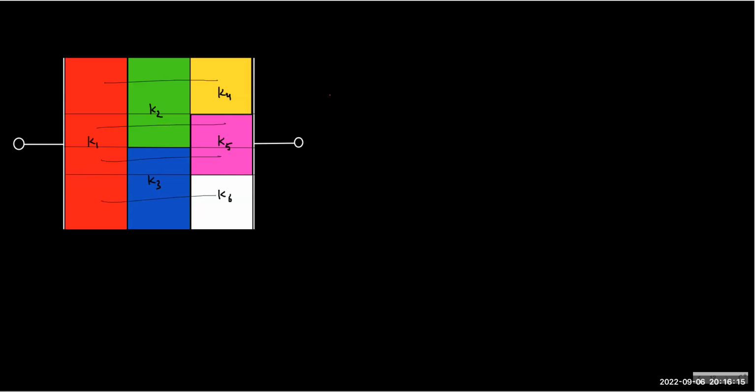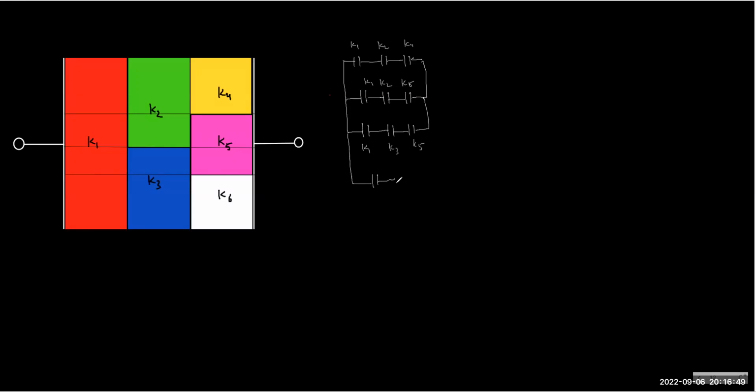So the circuit will be K1, K2, K4, K1, and area will be quite complex, K1, K2, K4. I just mentioned the name of the dielectric. Then 1, 2, 5, K1, K2, K5. Then again next is 1, 3, 5, K1, K3, K5. The fourth one is 1, 3, 6. So this will be your circuit.